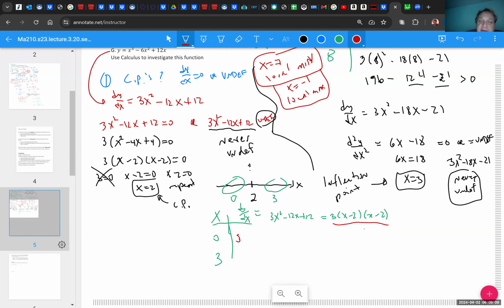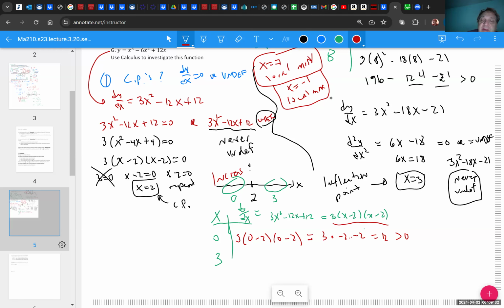I get 3 times (0 minus 2) times (0 minus 2), which is 3 times negative 2 times negative 2, which is negative 6 times negative 2, which is positive 12. This is a positive number. So I know in this region, where x equals 0, the derivative is positive, so we call that increasing.